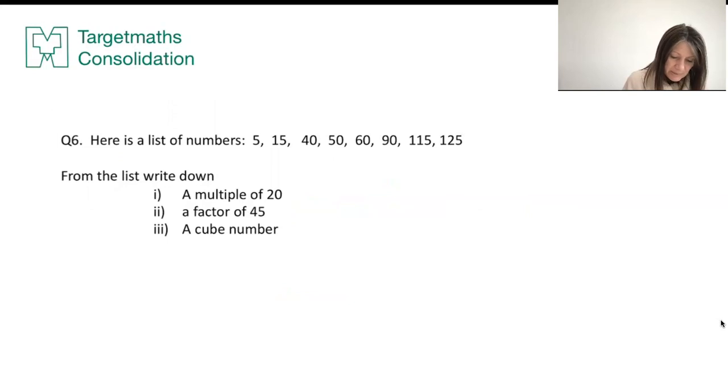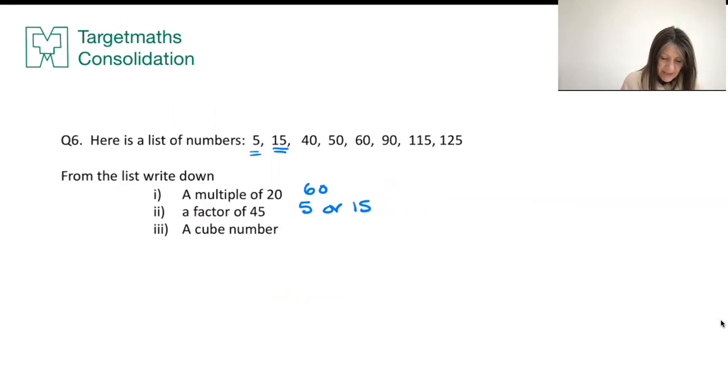So a multiple of 20 is 60. Multiples are the times tables. A factor of 45. You've got a couple of choices there. 15, 30, 45. So 15 is a factor, and so's 5. So either of those you could have written down.